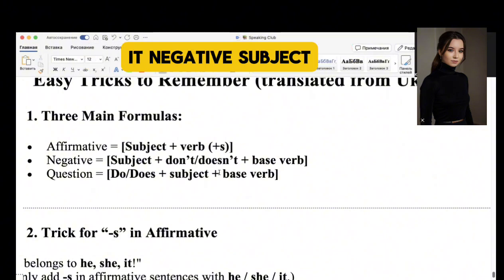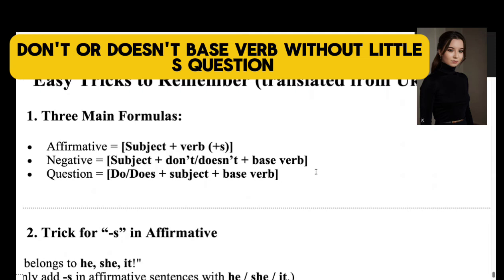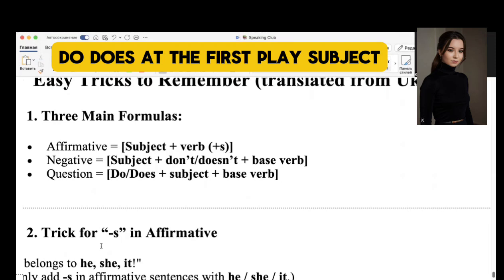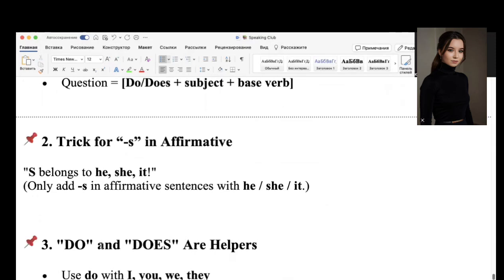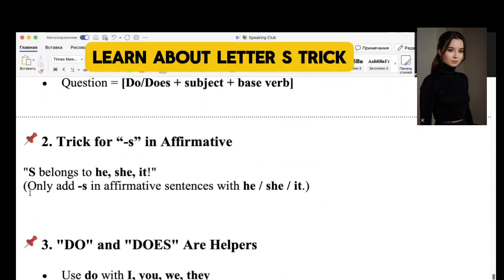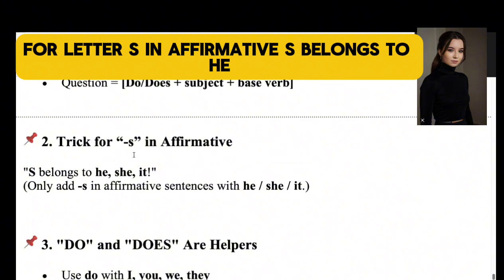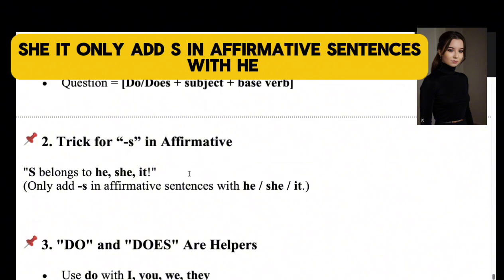Negative: subject, don't or doesn't, base verb without letter S. Question: do or does in the first place, subject, base verb without letter S. How can you learn about the letter S? Trick for the letter S in affirmative sentences: S belongs to he, she, it. Only add S in affirmative sentences with he, she, it.